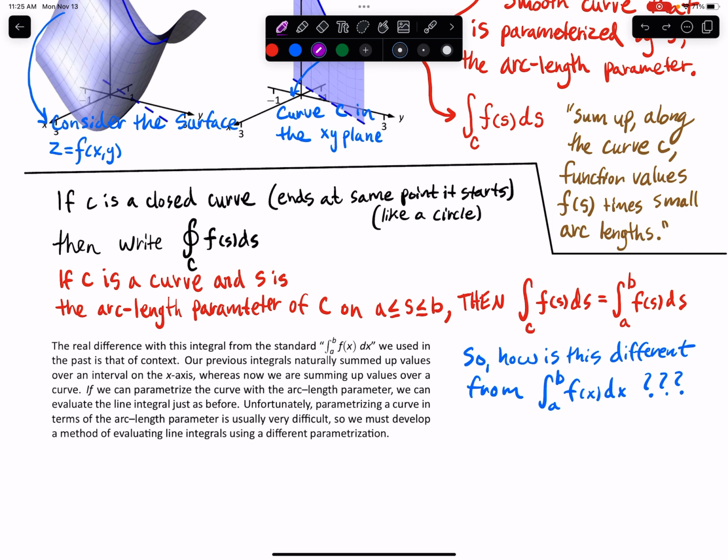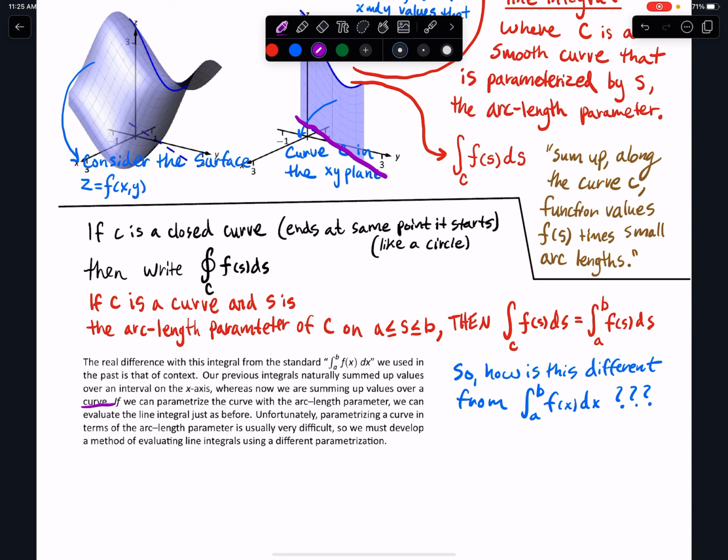So the real difference with this integral from the standard integral from a to b of f of x dx we used in the past is that of context. Our previous integrals naturally added up values over the interval on the x-axis, whereas now we are summing up values over a curve. Okay, so this curve doesn't have to be a straight line. Like I said, it could be a closed curve like that.